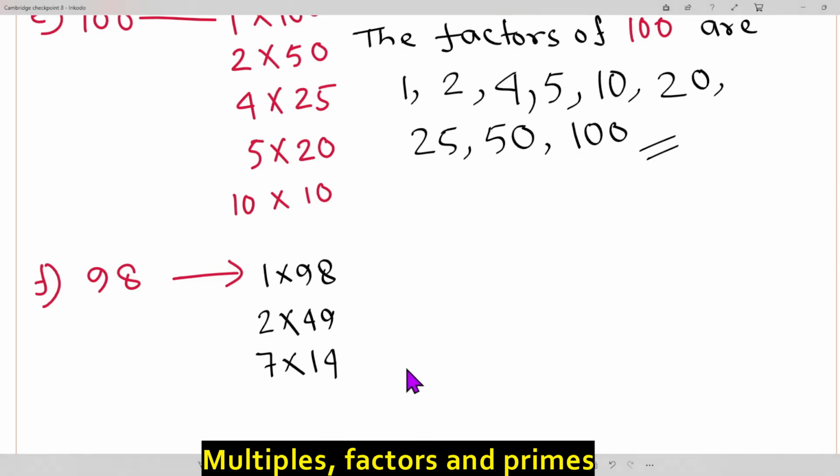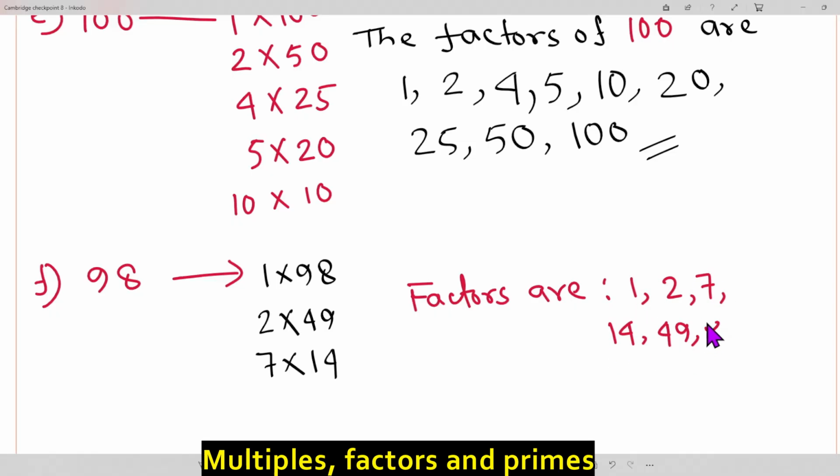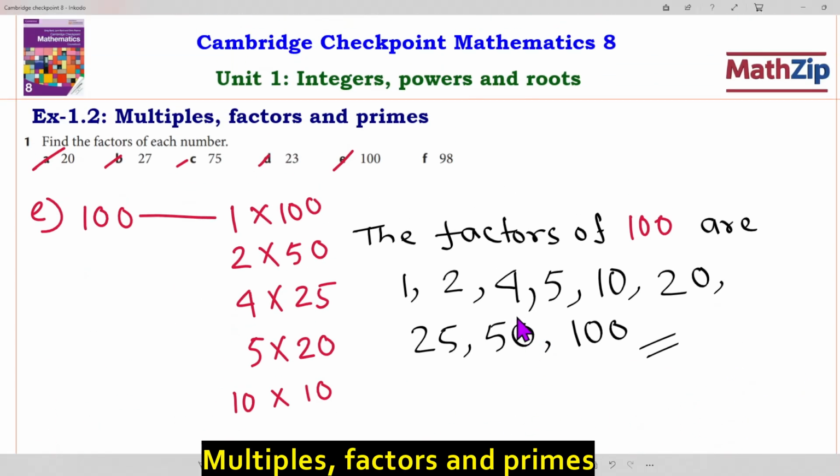So here is 6. Okay, so the factors are 1, 2, 7, 14, 49, 98. Okay, so one by one we have already solved. Find the factors of each number. Here are 6 numbers which are already done.